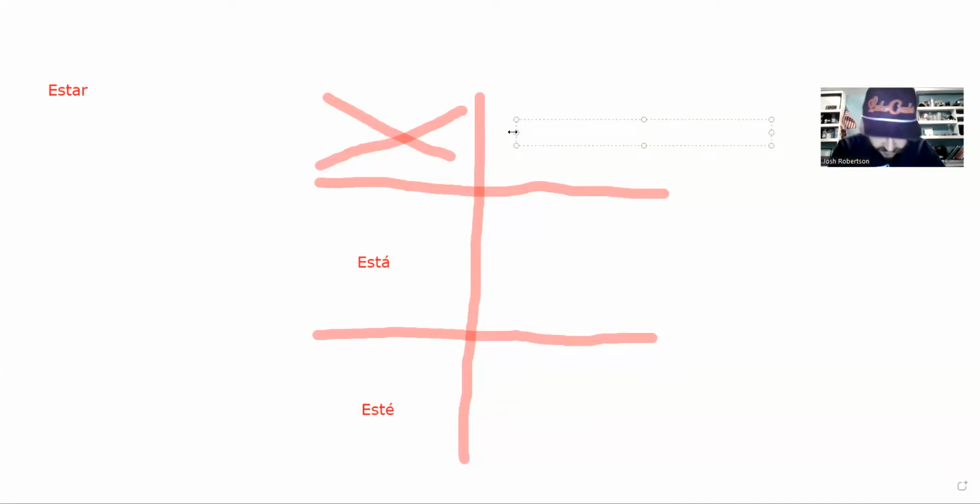Nosotros y nosotras estemos. Vosotros y vosotras estad. Ellos, ellas y ustedes estén. See?